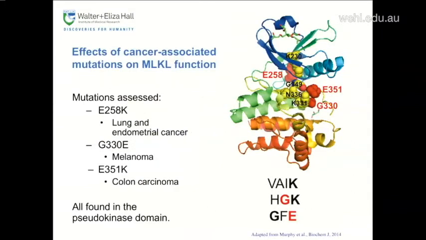The first group of mutations I wanted to talk about are the effects of cancer-associated mutations on MLKL function. Cancer-associated mutations are not found very often in MLKL, but the ones we were particularly interested in were around the catalytic motifs, or the pseudo-catalytic motifs, of MLKL.